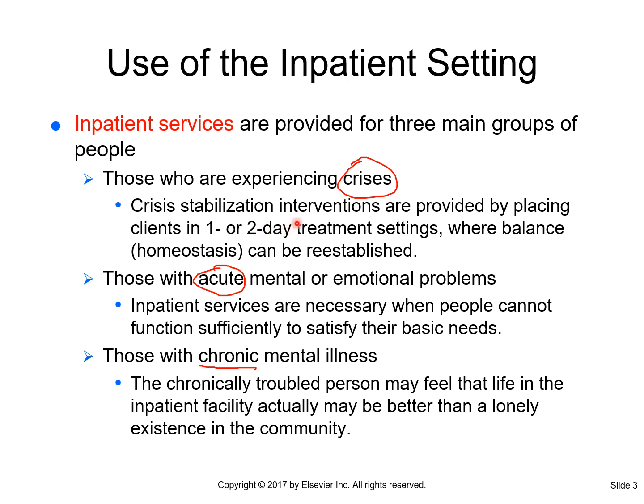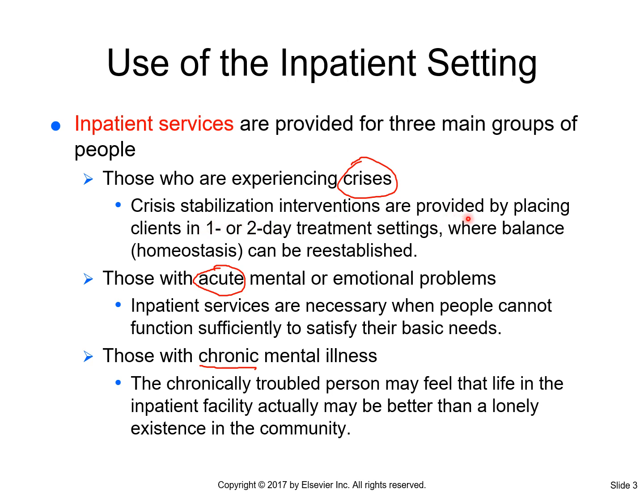Those who are experiencing crisis, for example, you have a patient that's getting out of control because of a manic episode. Maybe they become very aggressive, even physically aggressive towards another person. There will be what we call crisis stabilization interventions.